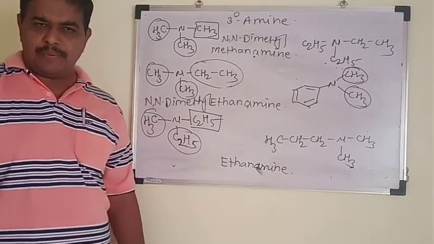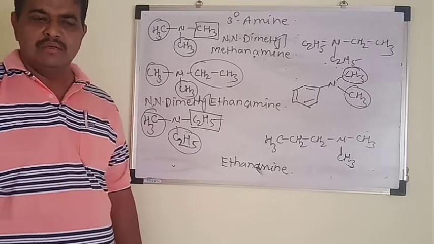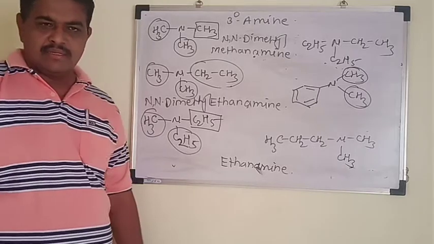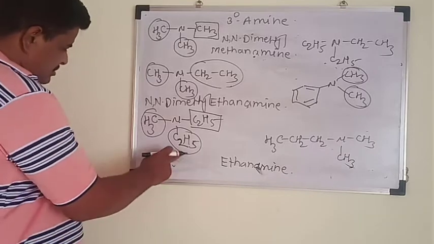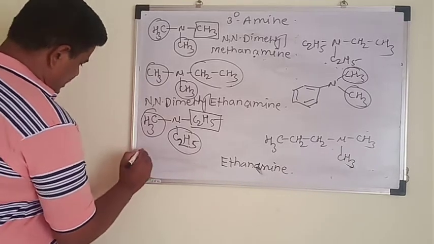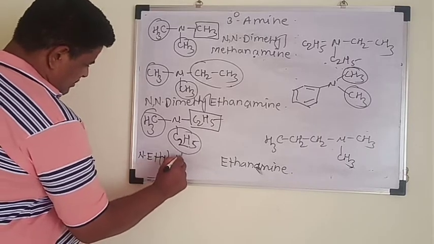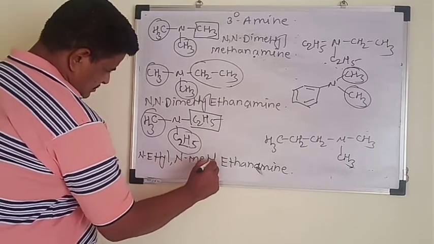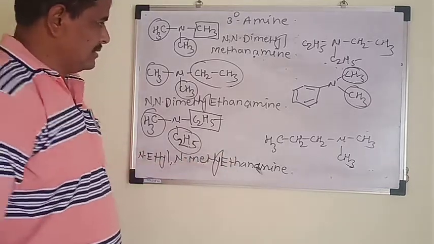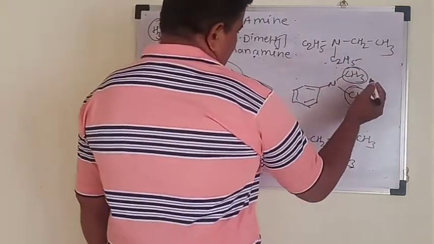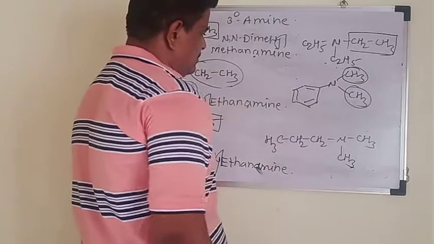If two different substituents are attached, then we write the name with substituents arranged alphabetically. So it becomes N-ethyl, N-methyl ethanamine.